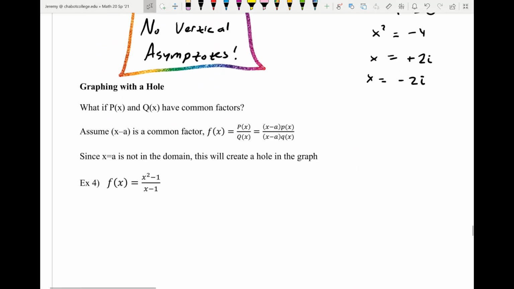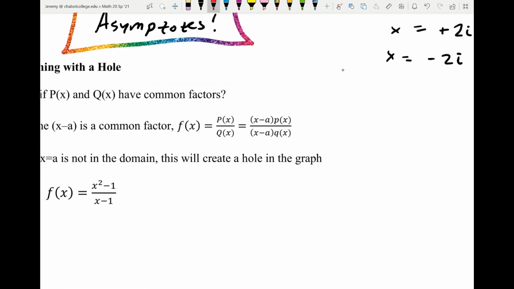Okay, so let's talk about that situation. So what if p of x and q of x have common factors? So assume x minus a is a common factor. So then p of x over q of x might look something like this, like we can factor out x minus a from both. Okay, and the temptation here is to cancel out those common factors, and then it's as if they never existed.